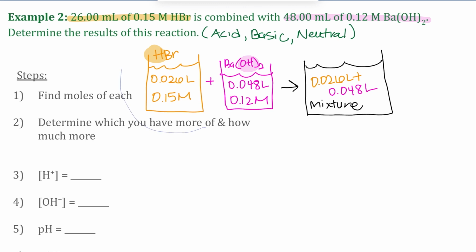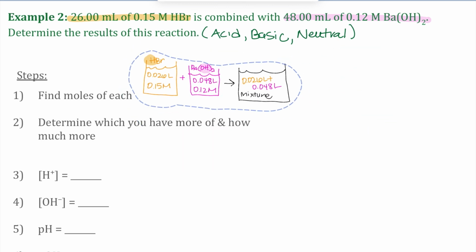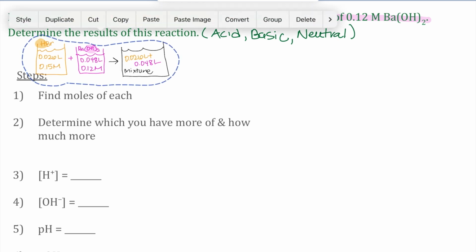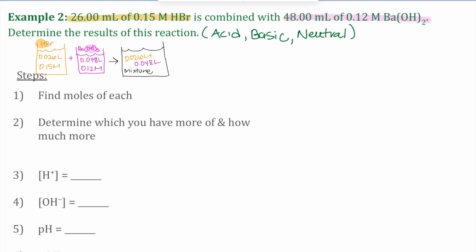In order to do that, we need to find the moles of each. Doing that picture is not necessary, but if it helps you think of what's happening, now we want to figure out when those go together, do we have excess of one of those? So finding our moles of each, I'm going to start with my moles of my acid, HBr. Well, moles is molarity times liters.